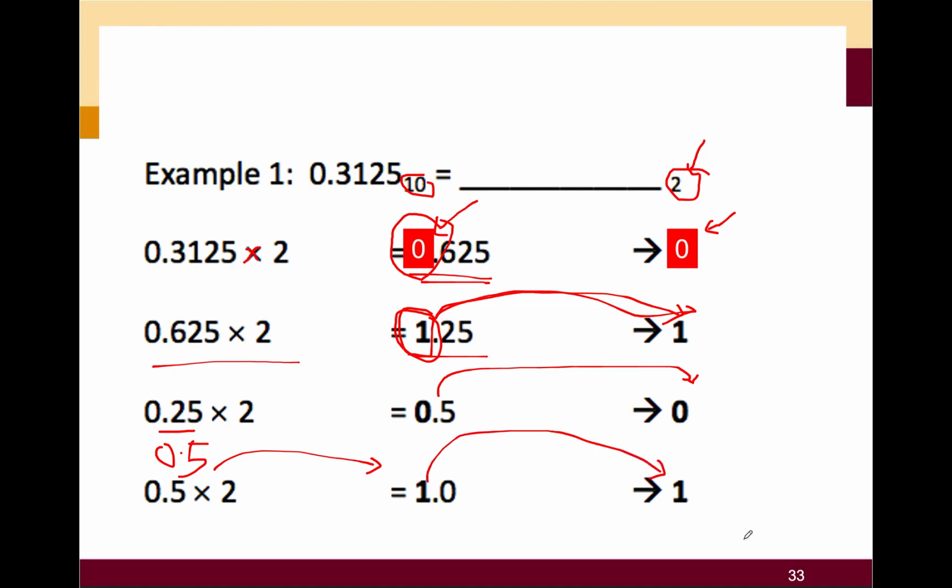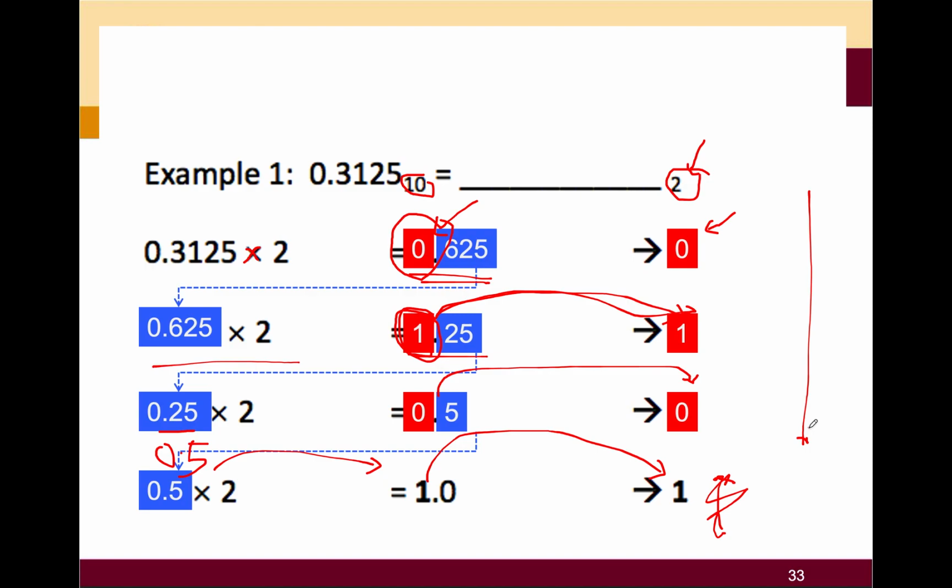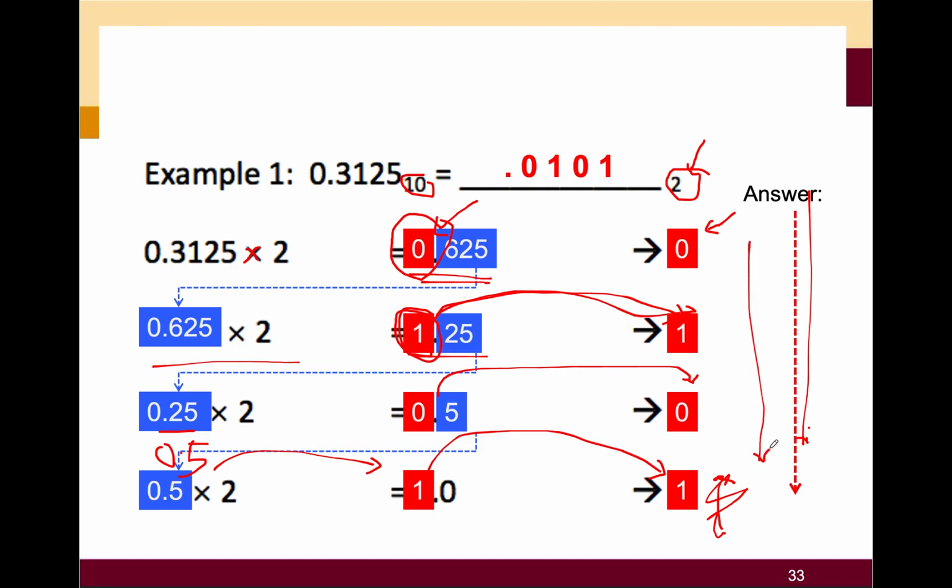Your answer is not read from bottom to up, but from top to bottom. So this is your answer, which is 0.0101 from top to bottom, right?